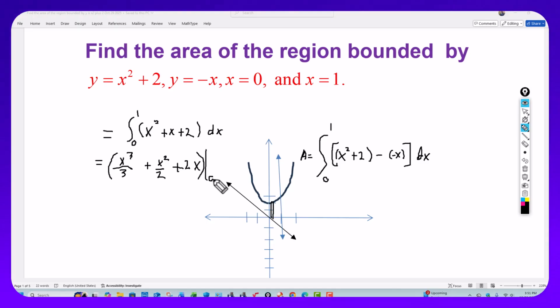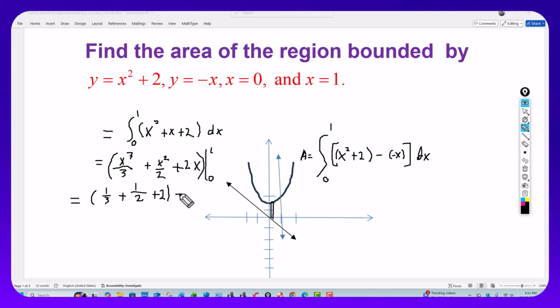And we integrate from 0 to 1. We evaluate the polynomial expression at 1. So 1 to the third is 1, 1 to the second is 1, and 1 times 2 is 2. So I get 1/3 here, 1/2 here, plus 2.